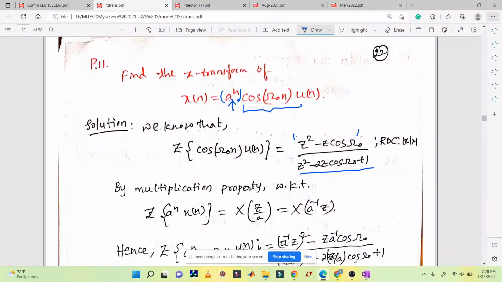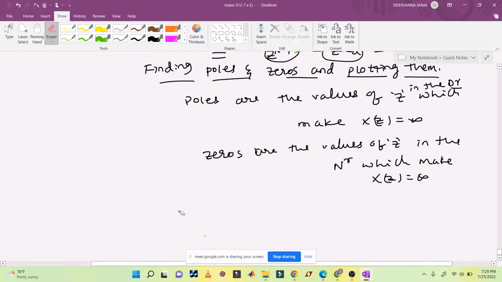So we have a property that x of n, if it is multiplied by a to the power n, then the Z transform will be x of z by a.